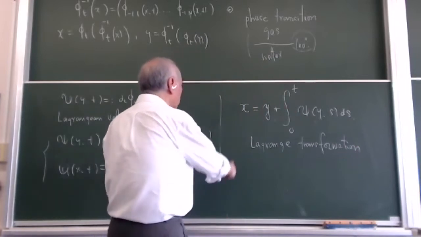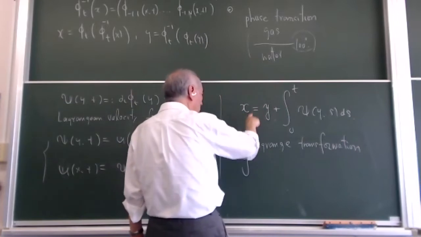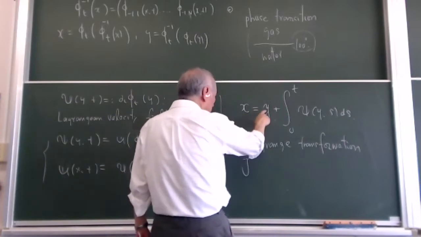Then the important point is that we consider the Jacobian of this transformation.